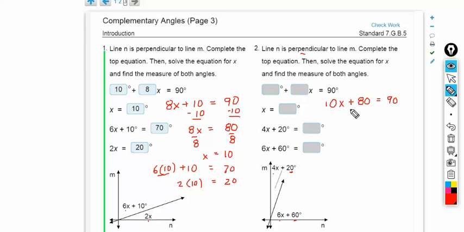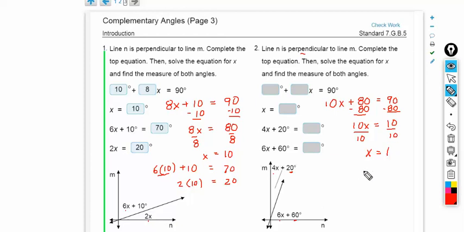Here we subtract 80 from both sides. That cancels out. 10x equals 90 minus 80, which gives us 10. Divide both sides by 10. This cancels out, leaving me x equals 1.